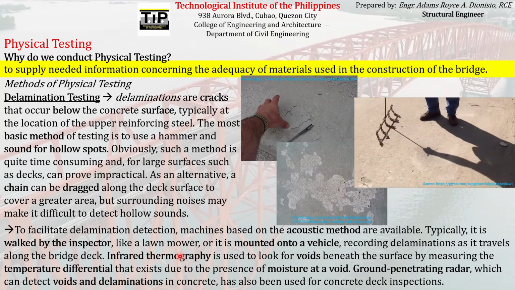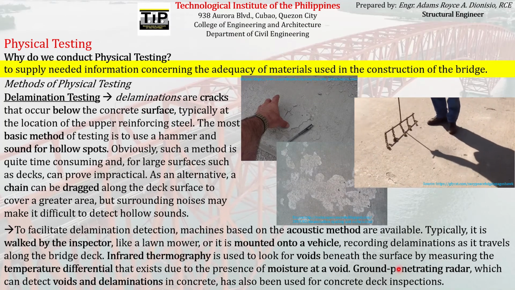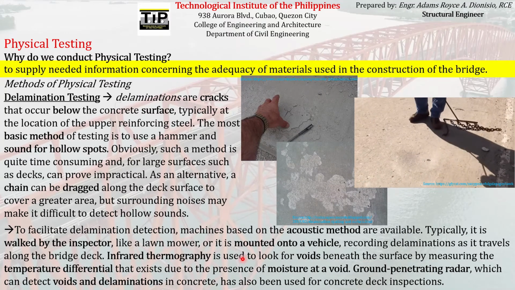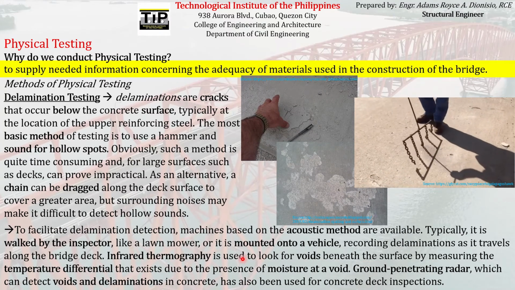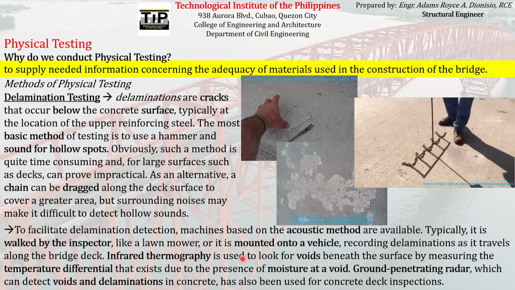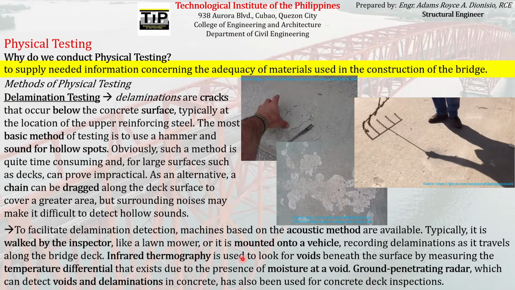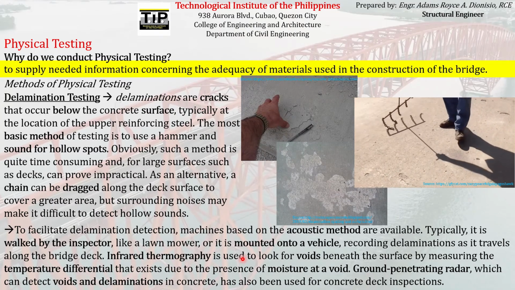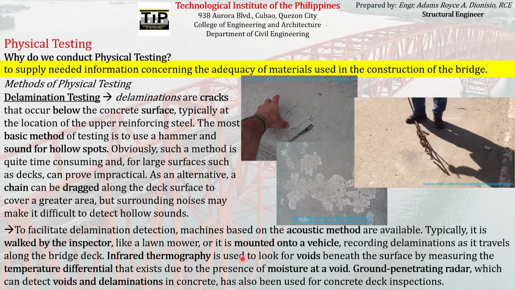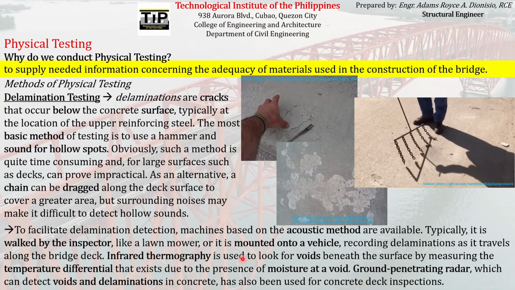We can use infrared thermography or ground penetrating radar to detect voids beneath the concrete surface, because these voids can manifest that there are delaminations occurring beneath the concrete surface.